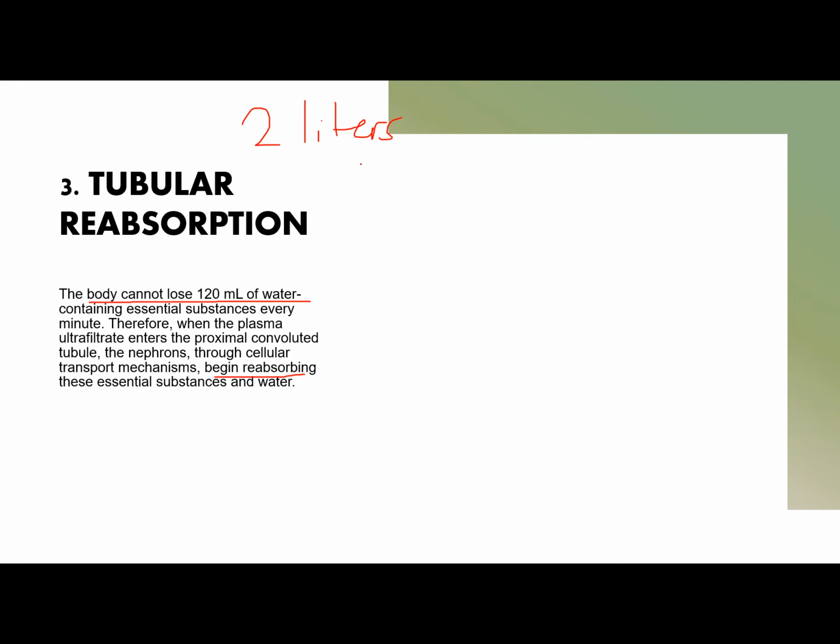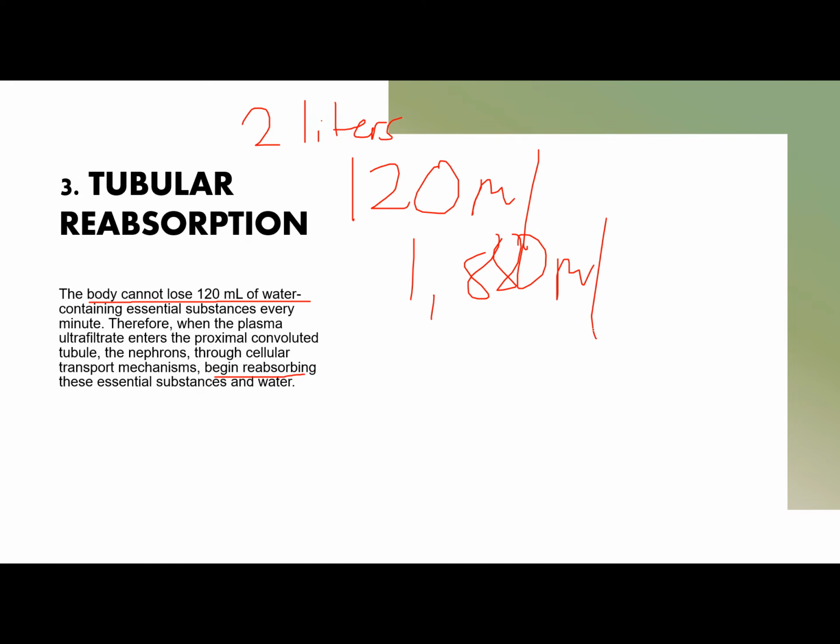At the most, ang pwedeng mawala na water dun sa 2 liters na yan is only up to 120 ml. So to prevent this, yung remaining 1,880 ml na blood na dumaan sa kidney will be reabsorbed. I-reabsorb niya. And this reabsorption class would occur via two important transport mechanisms.